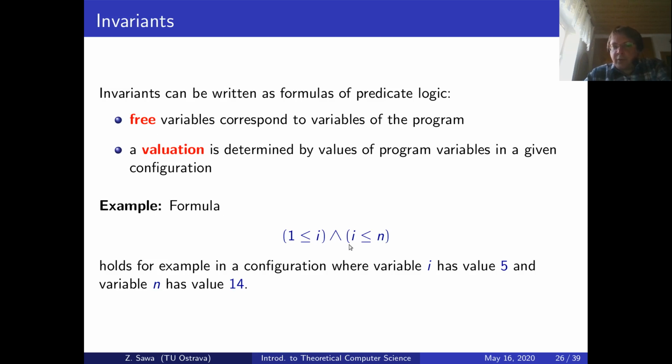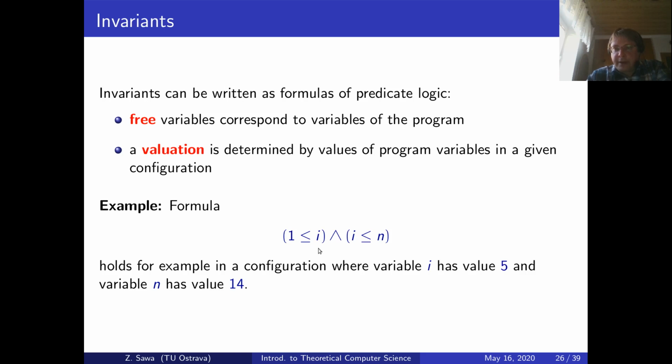A very simple formula is like this. Here I use the standard mathematical notation, not the precise syntax of predicate logic. So the predicate symbol less or equal to is represented using this infix notation and the standard symbol. But formally, it can be viewed as a formula of predicate logic.